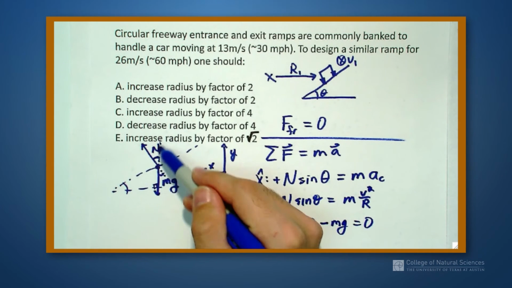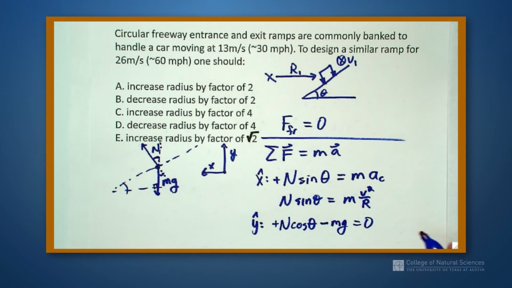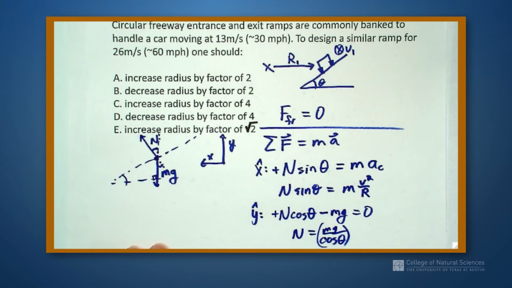Normal force perpendicular upward minus the weight force downward gives me this, which means n is equal to mg over cosine of theta, which means my normal force is only determined by my weight force and my angle. In this problem, my angle doesn't change.